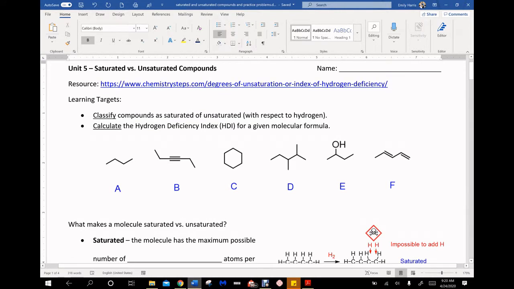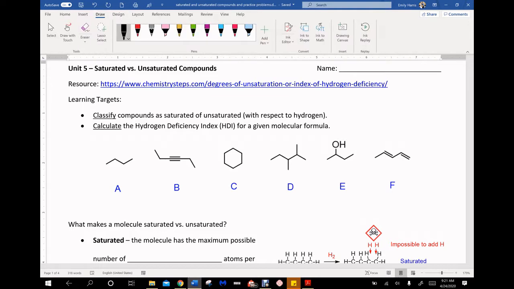First of all, I'm going to go through and tell you whether or not these 6 example compounds are saturated or unsaturated, and then I'm going to see if you can generate a pattern as to why. A is saturated. Let me get my terms right. B is unsaturated. C is unsaturated.